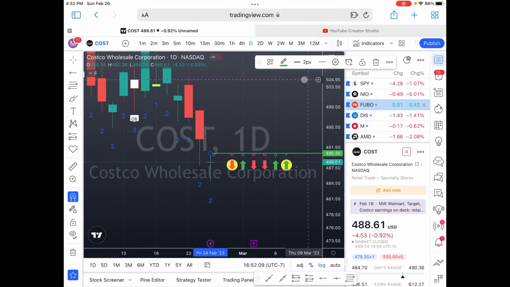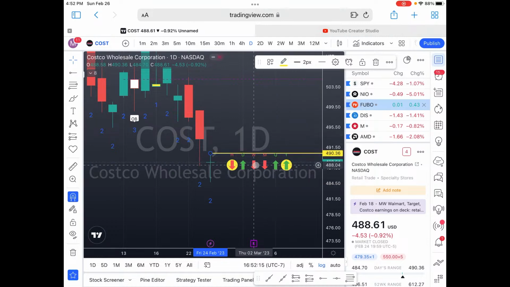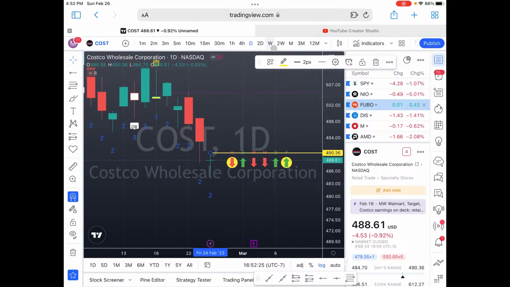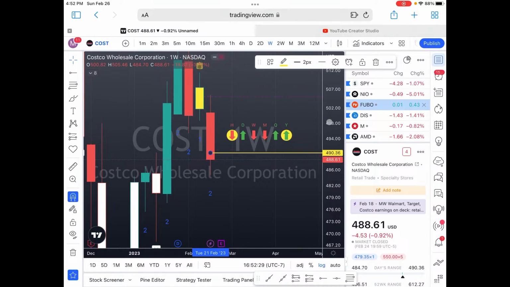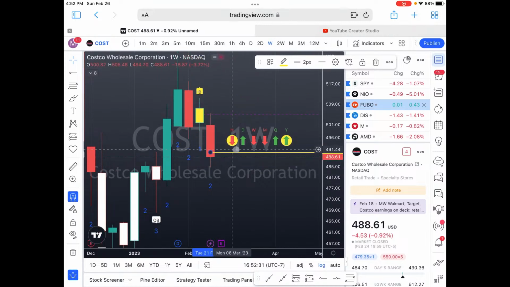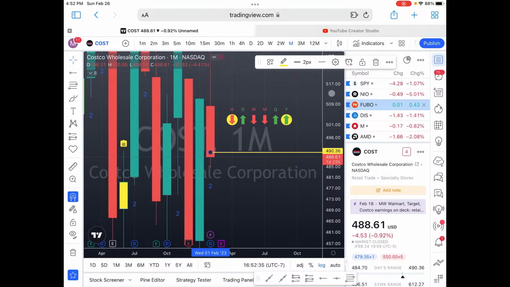You could. You could look at taking it back to the upside. But again, it's so tight right here that you could really consider this a 2-up green or a 2-down green or a 2-down red either way. If I go look on the weekly to see how Costco is reacting, it's 2 down on the week off of this inside bar. So again, I don't really see much of a setup on Costco.